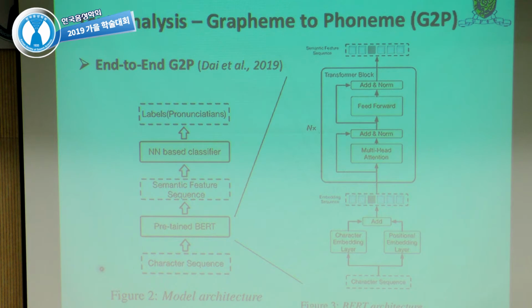Remember, previously we talked about text normalization, POS tagging, word segmentation, many techniques just for the goal of obtaining the pronunciation. Now we can do it in a compact model, just one model. The input is the characters. And this model is actually based on the popular BERT architecture. So this just gives you a sense that now we don't need to do so many subtasks. We just use one model.